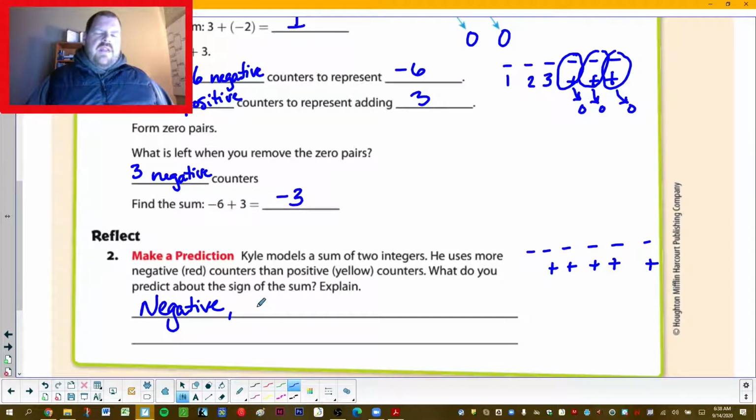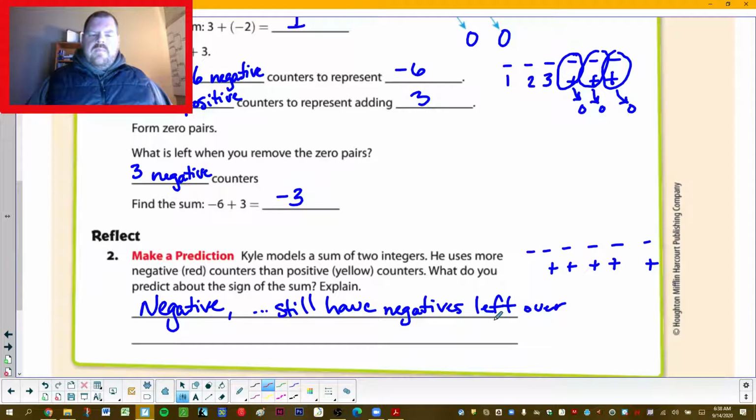I'll kind of clue you into that. Say, like, we'll still have negatives left over. So you'll want to write something a little bit more elaborate than that, a little bit more meat to that statement, but that's kind of the punchline, is that when I'm done, I'm going to form up my 0 pairs, and I'm still going to have negatives left over.